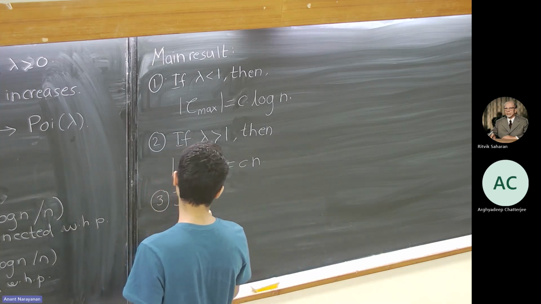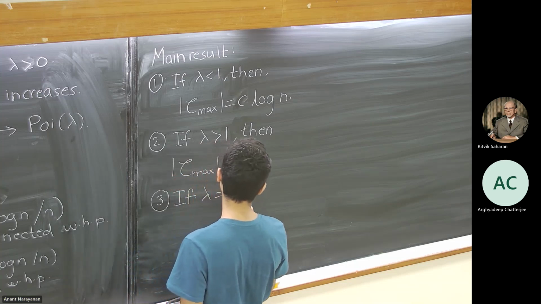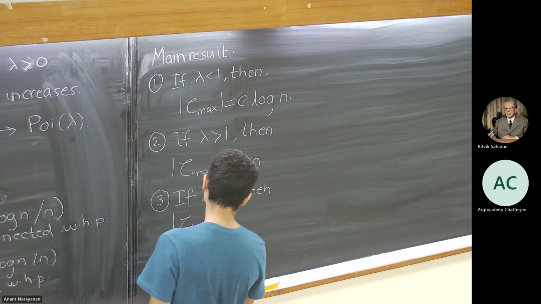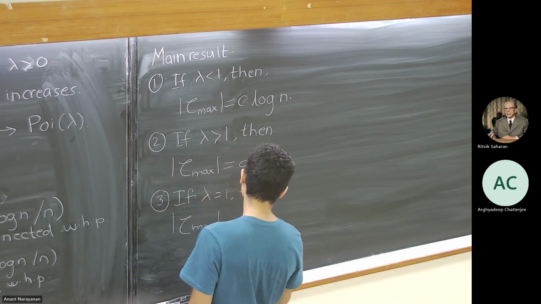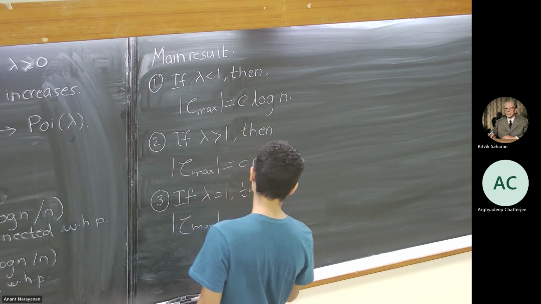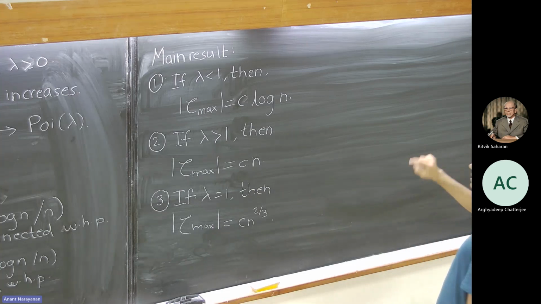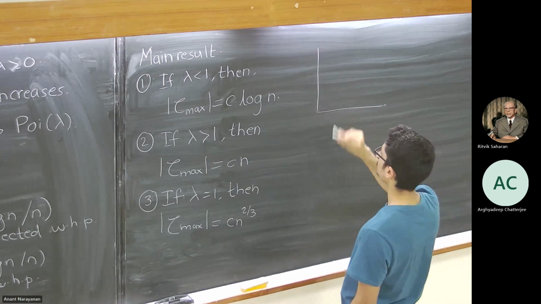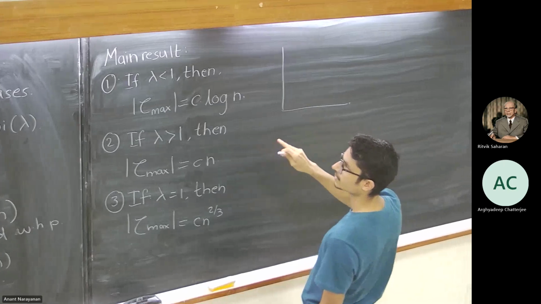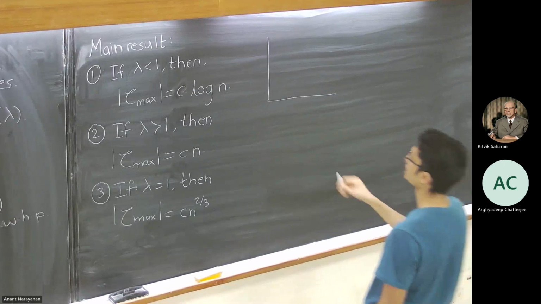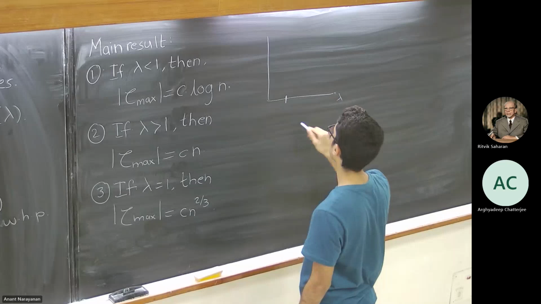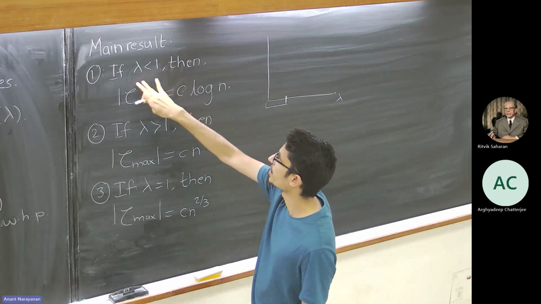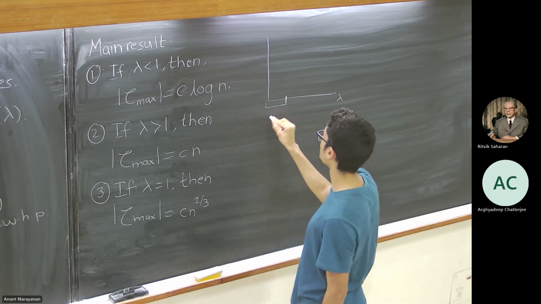And finally, for the threshold, you have a double jump kind of thing. In this regime there's some particular behavior.